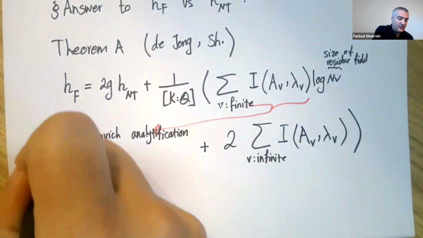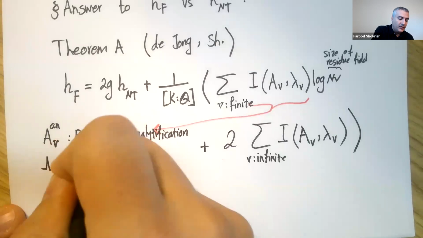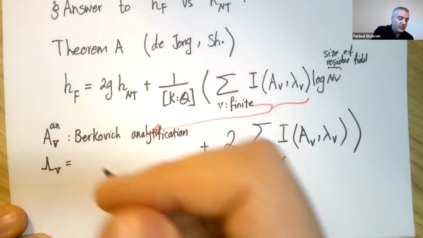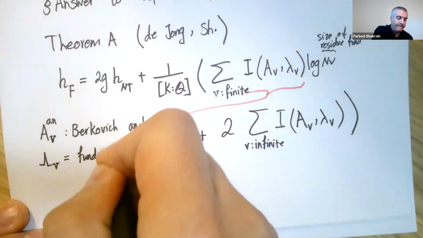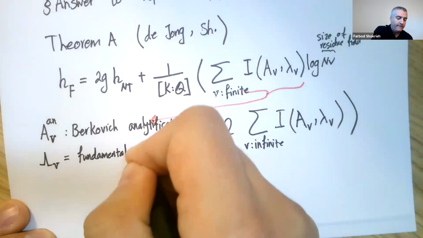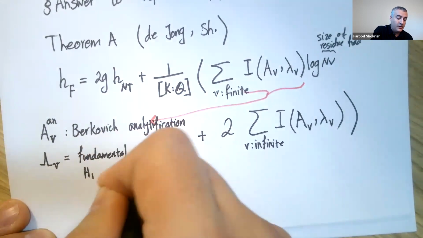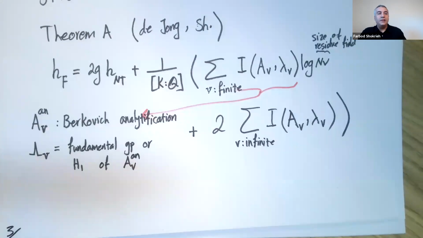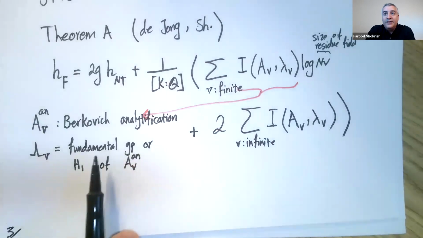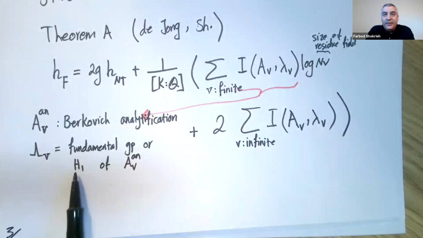And the lattice that you have to work with is just the fundamental group, or first homology, H1 of this honest-to-God abelian variety. And the fact that you have a polarization gives you a bilinear form, or inner product structure, on this H1.